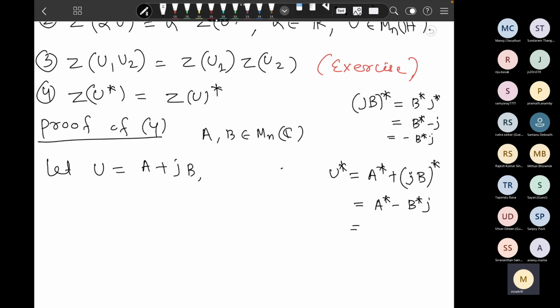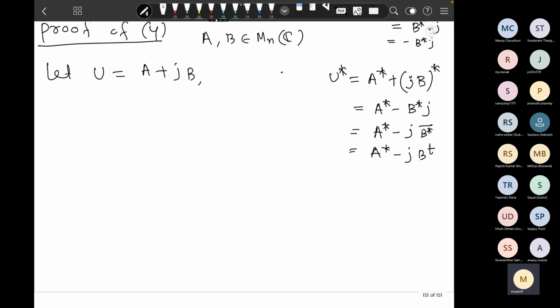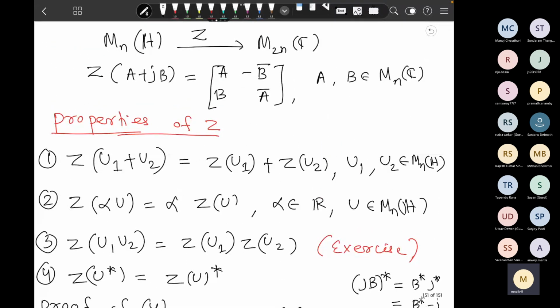Now B star is a complex matrix, so I have that property that this will be A star minus J B star bar. That will give you A star minus J B transpose. So what will be ZU star? ZU star is equal to the matrix with A star, minus B transpose in the first column, and then you take minus B bar, A bar.